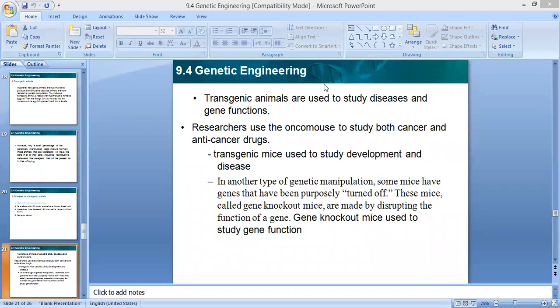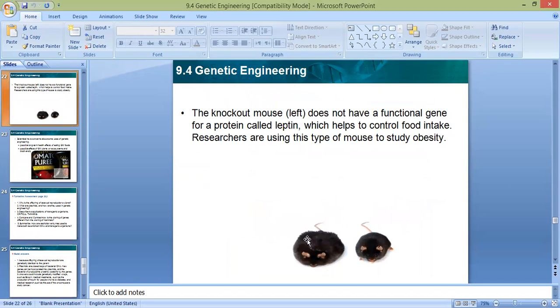For example, they study obesity. They do a knockout: they stop a certain gene, and this gene will become not functional. The gene responsible for obesity is called leptin. It controls food intake. So they stop the function of this gene and see the effect of the stopped gene on obesity.